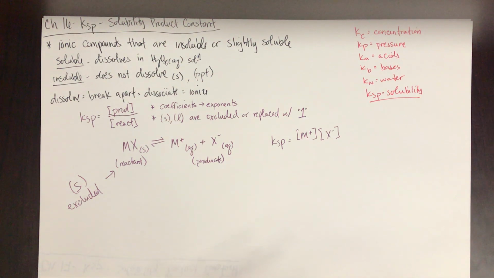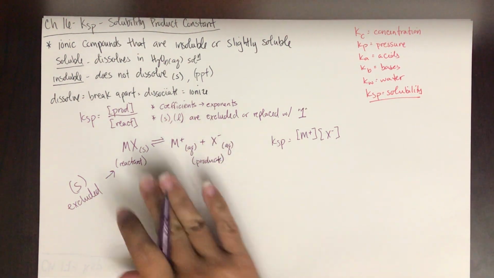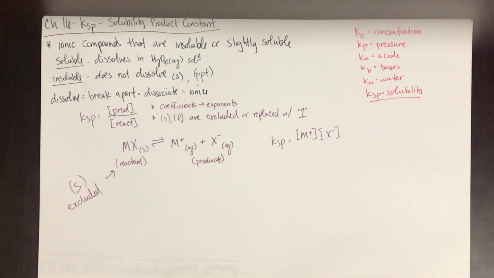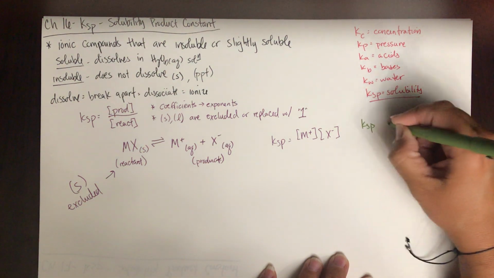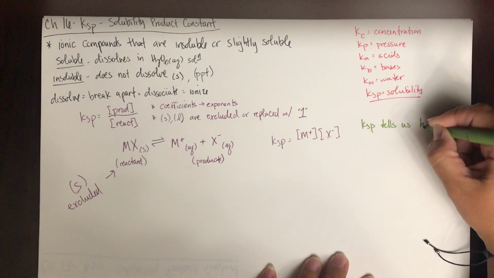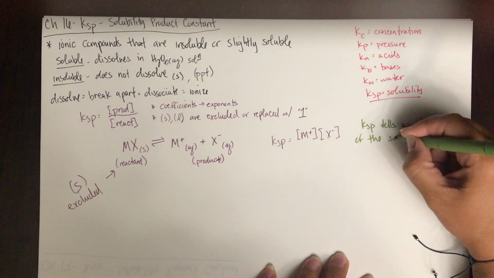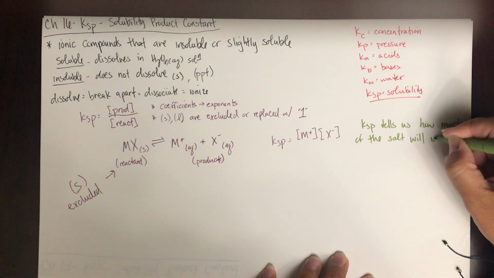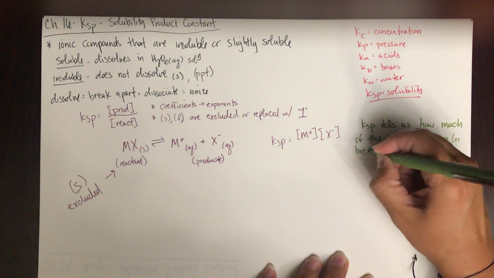The Ksp tells us how much of this salt will ionize, because it's the product of these two ions. The more ions break apart, the higher the Ksp will be. So the Ksp tells us how much of the salt will ionize or break apart into its ions.